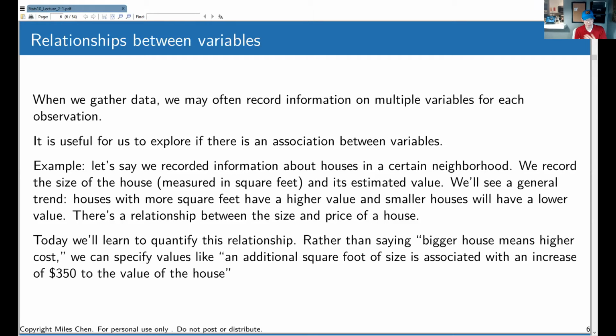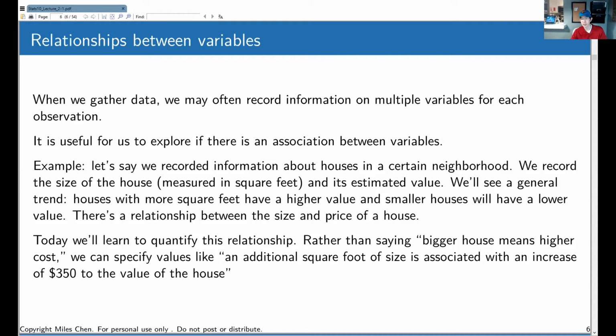And what you'll see is a general trend. Generally, houses with higher square feet, bigger houses, are going to have higher value. Smaller houses will have lower value, right? And so we'd say there's a relationship between the size of the house and the value or the price of the house.